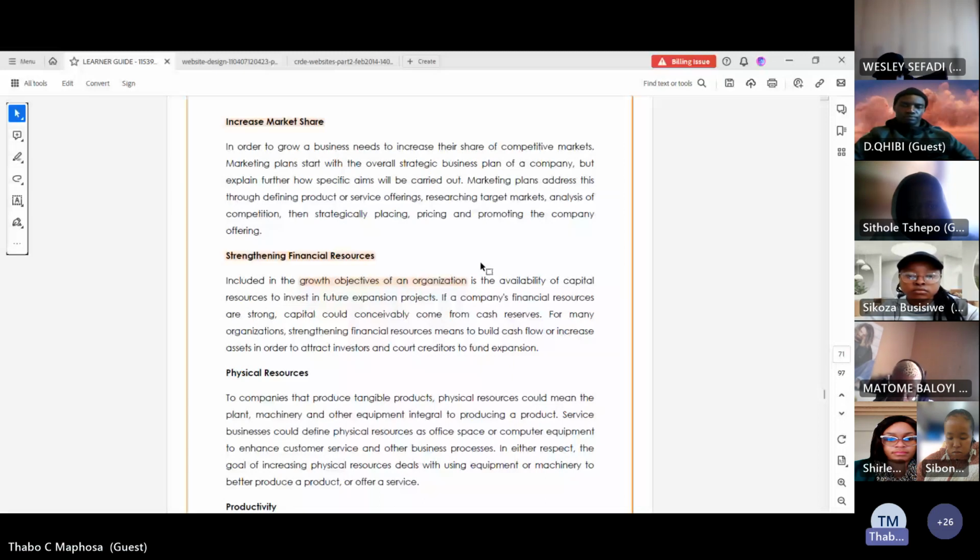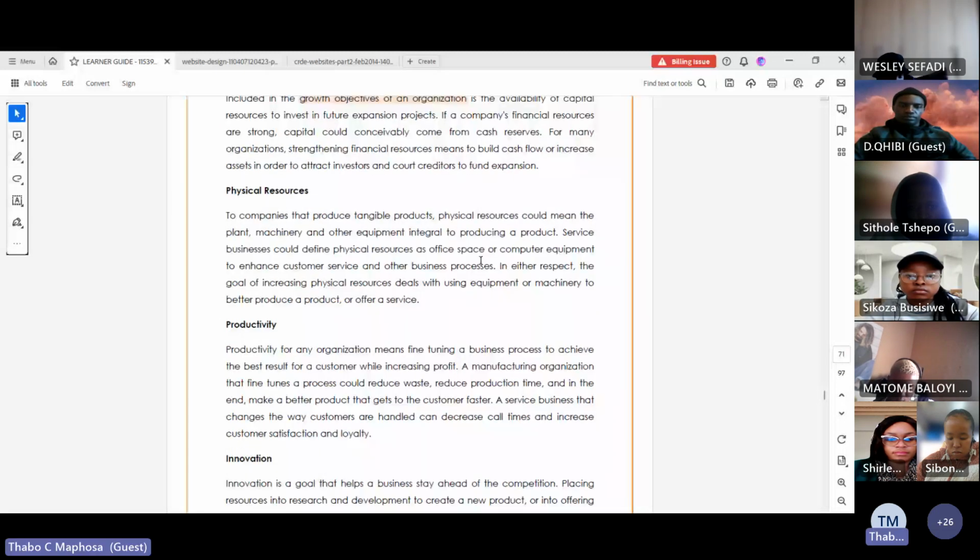And then physical resources. For companies that produce tangible products, physical resources could mean plant, machinery, and equipment. And then there are other companies, for instance, the ones that do not produce any tangible products, like banks.